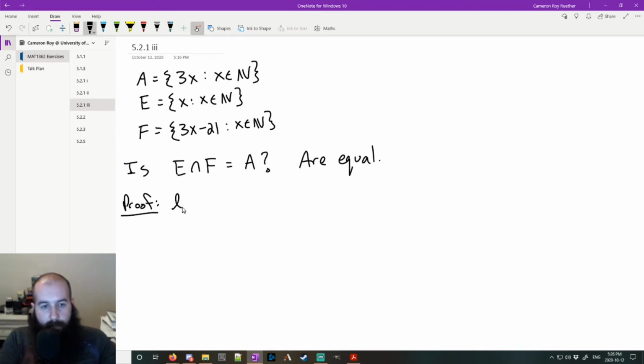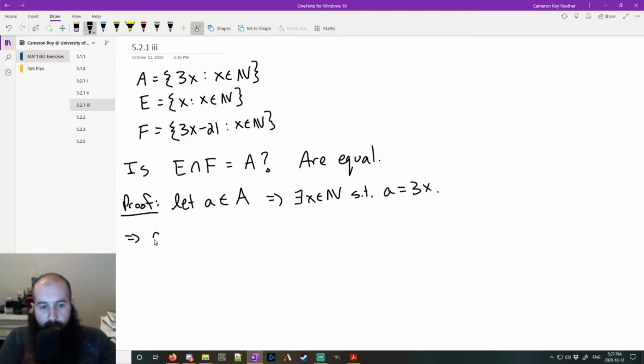So let's let A be an arbitrary element of the set A. This means that there exists a natural number x such that A is equal to 3 times x. Now we would like to write it in the form 3 times a natural number minus 21.